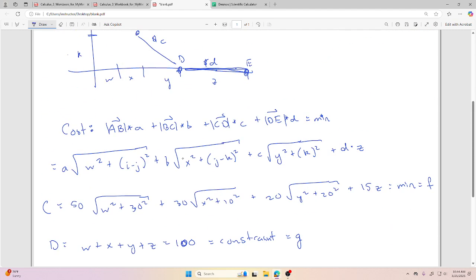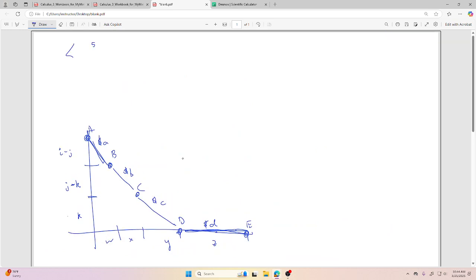50, 30, 20, 15, right? So 50, and that was a W. And I'm going to do more math here in a minute. So I'm just copying it because we need to copy it eventually. But you have it written down. I'm about to give you the answer, but I wanted to see if you catch it first.